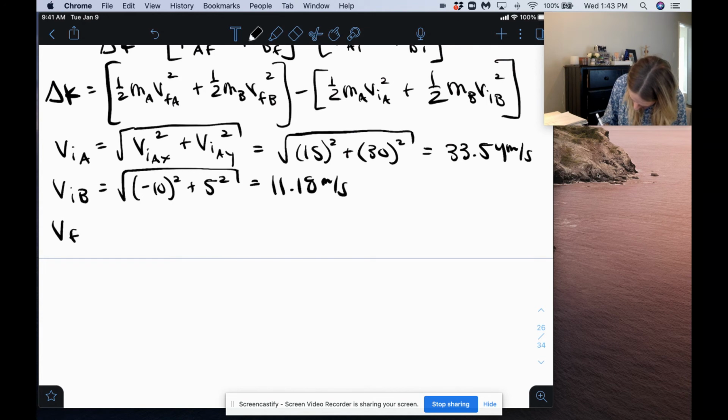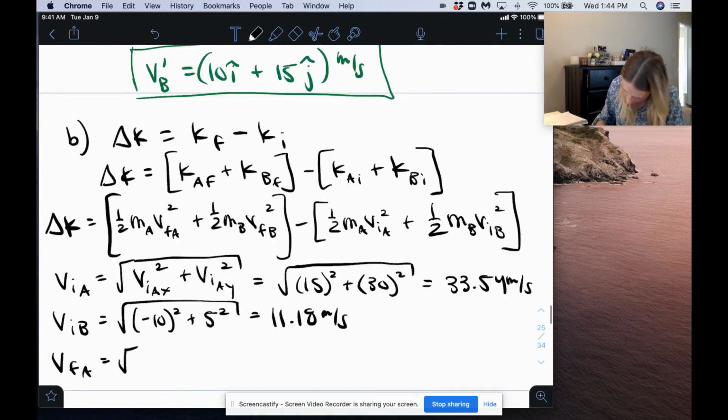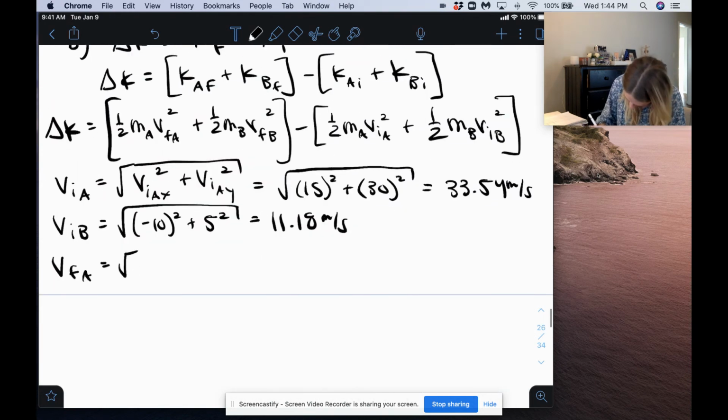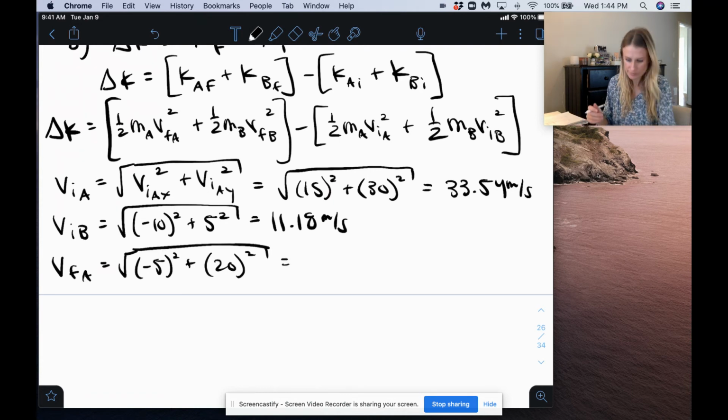For velocity final A, we get square root of -5 squared plus 20 squared, which is 20.62.